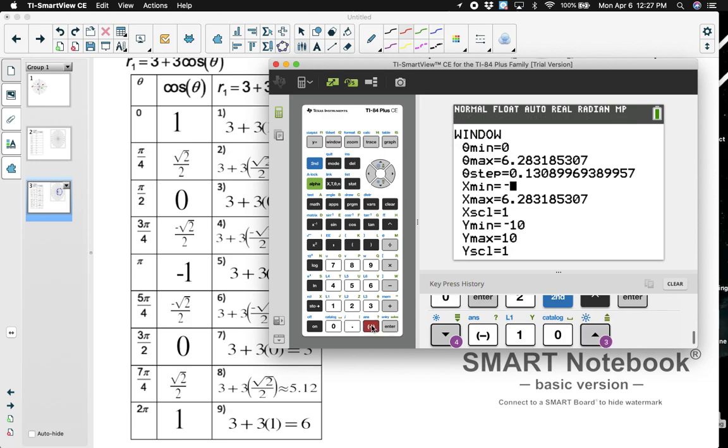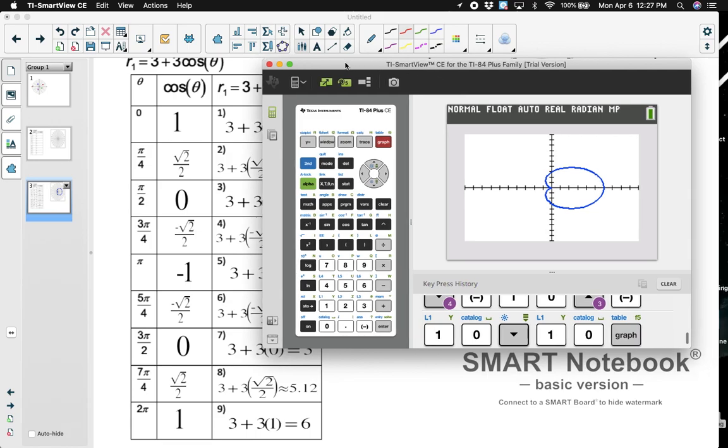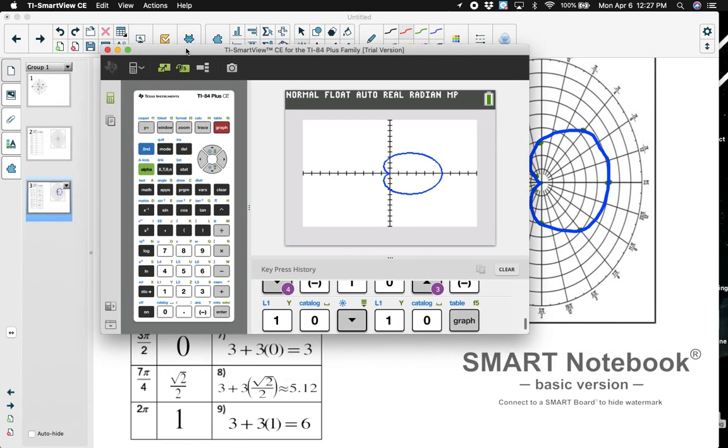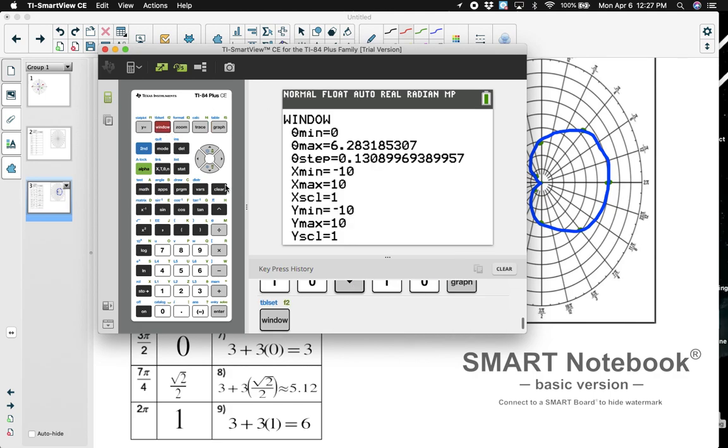Same here. And if we graph, it went super fast, but we can kind of see we have a really similar picture. If my y max and min weren't as big, I think we'll see it a little bit flatter.